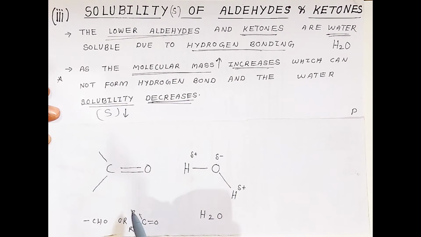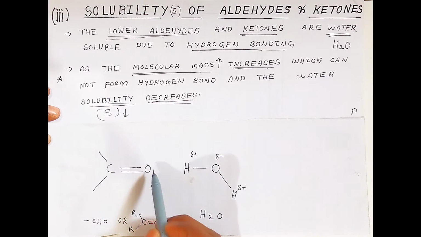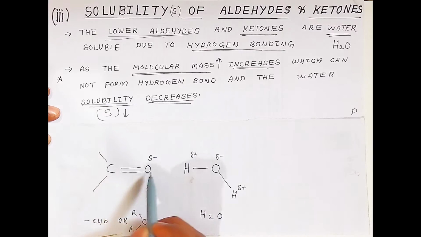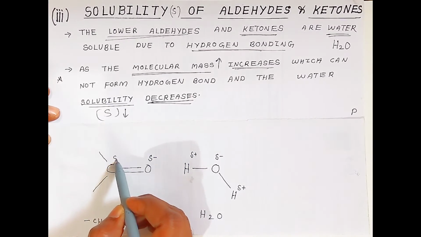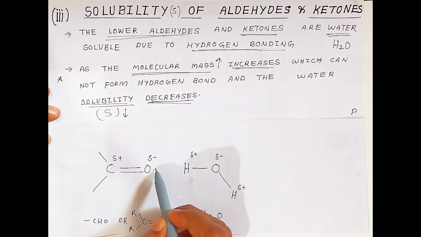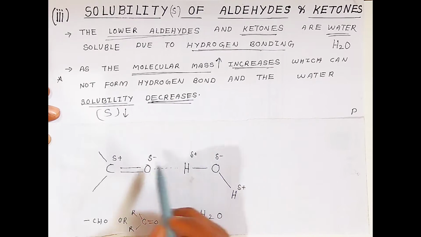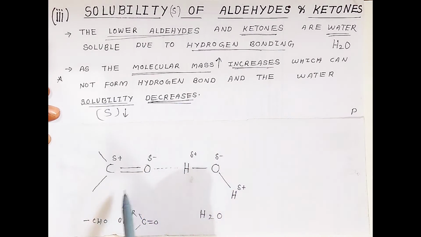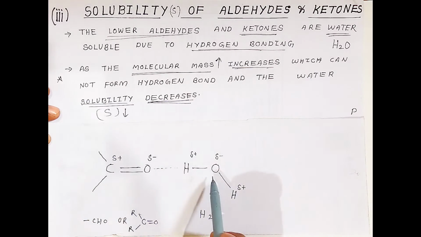So in the carbonyl of aldehyde and ketone, students, this oxygen will have partial negative charge and the carbon of the carbonyl will have partial positive charge. There is an attraction because of partial negative and partial positive; unlike charges attract each other. Because of this, students, this carbonyl will attract the water molecules.